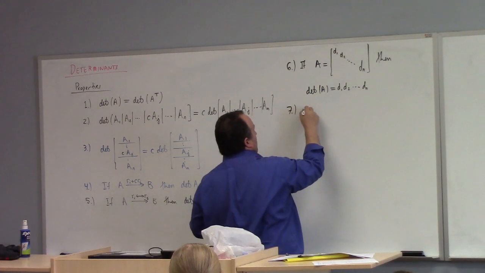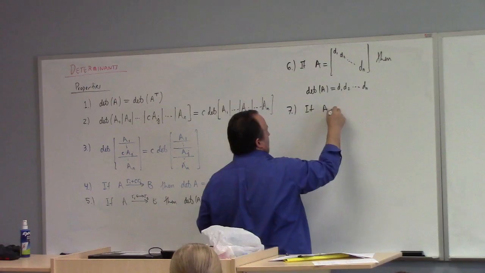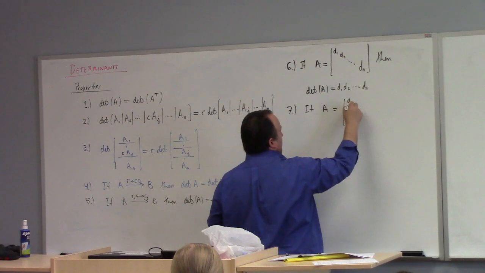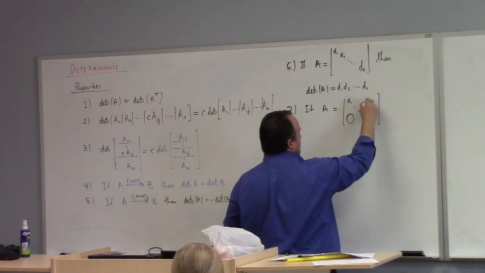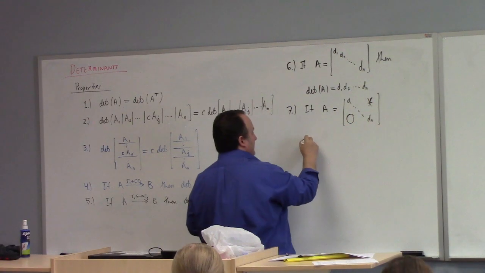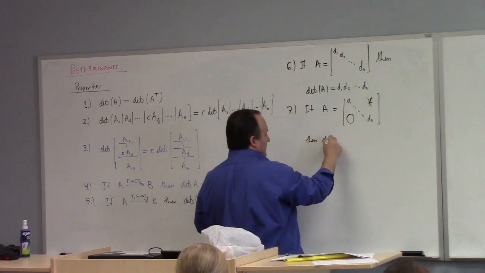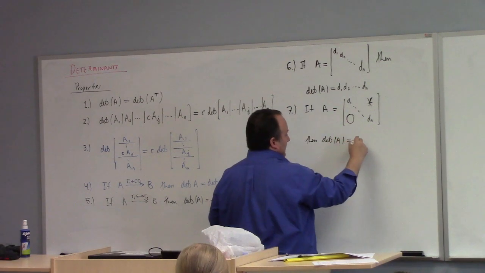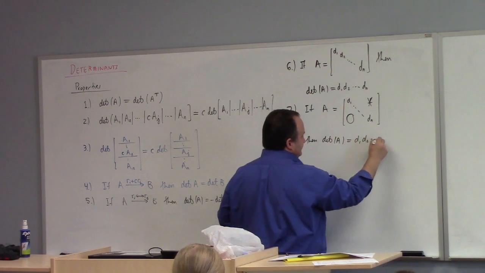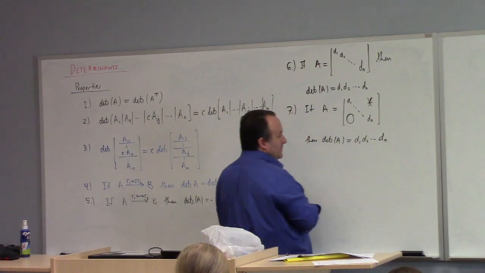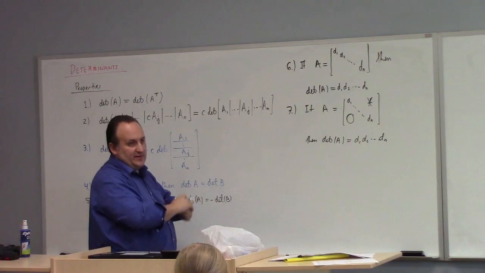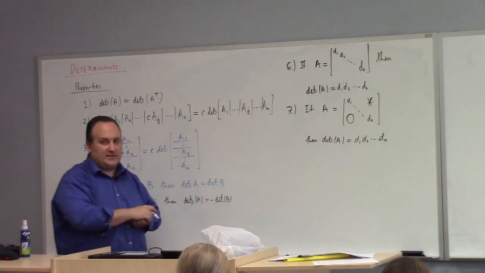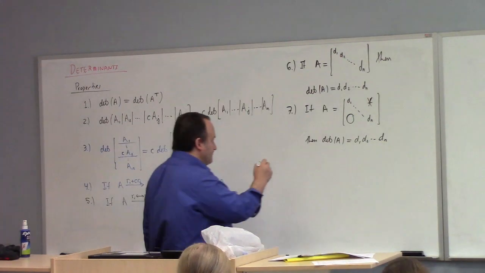Seven, if our A has diagonals D1 through Dn again, and you've got zeros down here and whatever up here, then the determinant of A is the product of the diagonals. So in other words, if it's an upper triangular matrix, the determinant is simply the product of the diagonals.